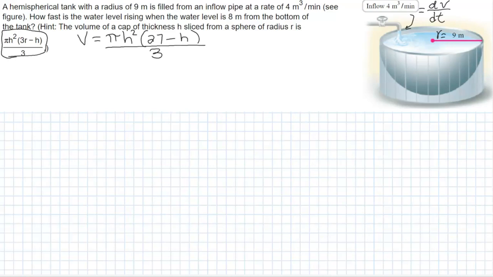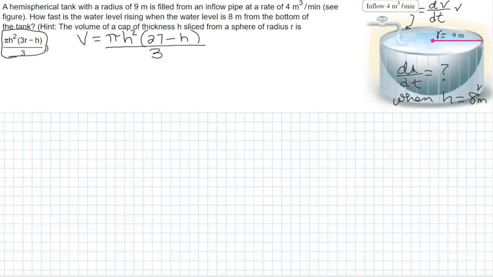The question is then asking, what is dh/dt when the water is already at 8 meters, when h is 8 already? That's what the question is posing.